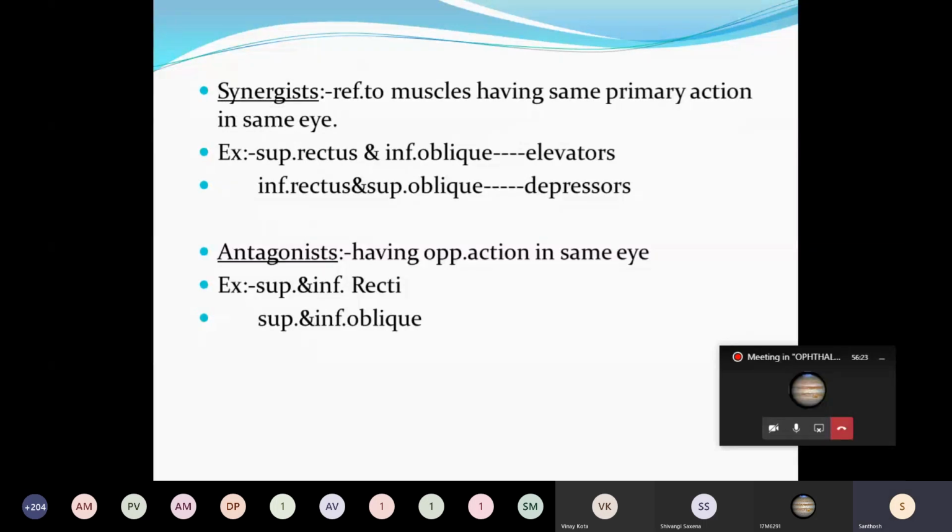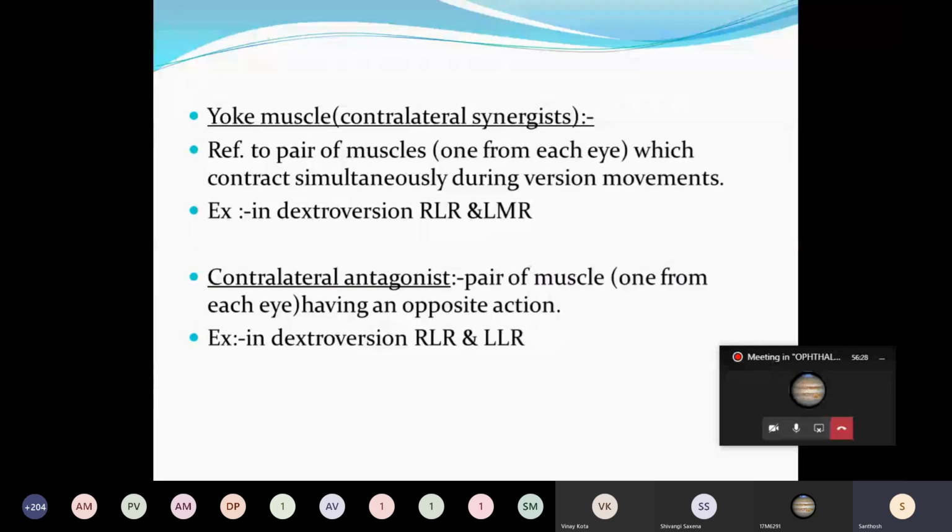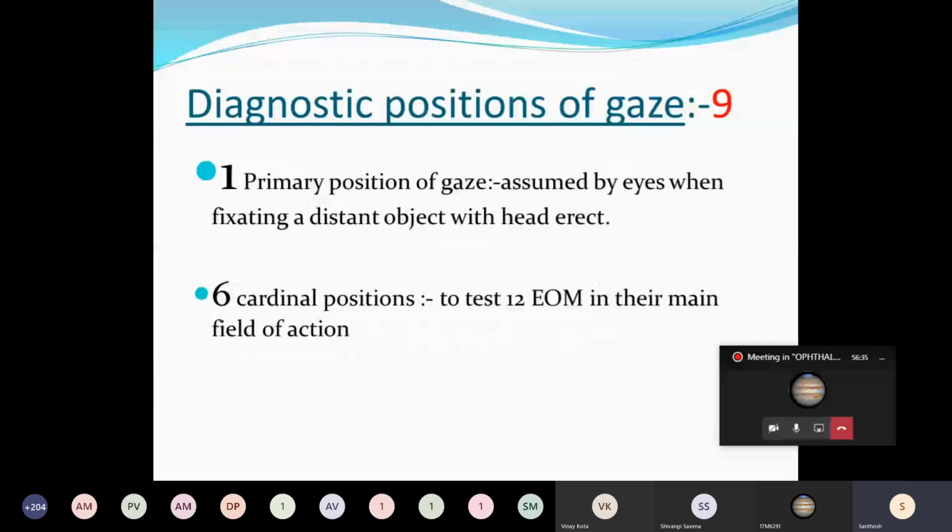And this, I've already told you, synergists and antagonists, all these muscles. Yoke muscles and contralateral antagonists also I've described earlier. And you have to remember a few terminologies, diagnostic positions of gaze. Now you have a primary position of gaze. Primary position is the position of fixing the ocular posture.